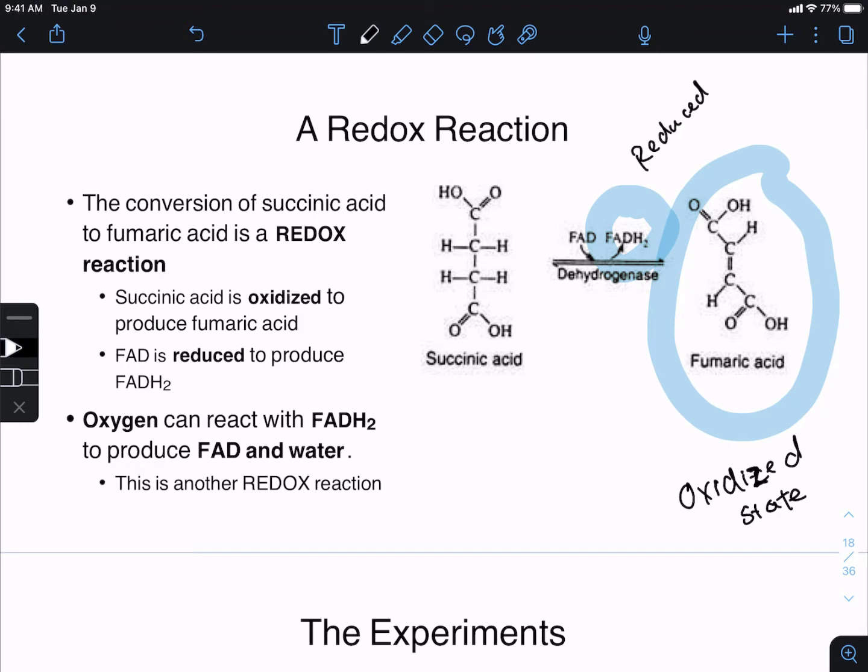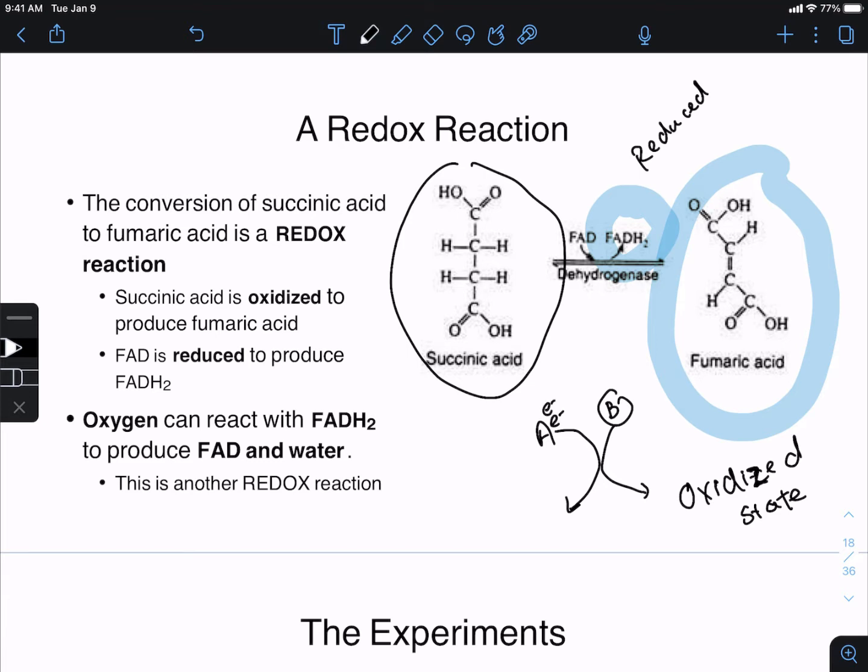Okay, is the reduced molecule, and so that's actually pretty important to understand. FAD is reduced to FADH2, and that's essentially our A meets B reaction that you saw previously. In this case, B is FAD, and it becomes FADH2, and A is succinic acid, and it's going to become fumarate.